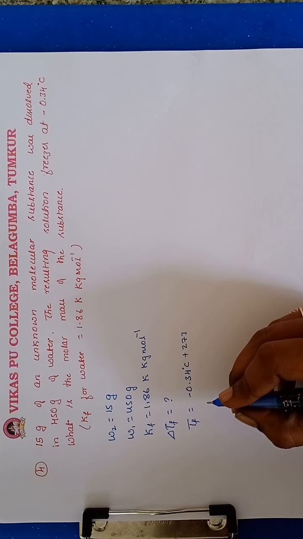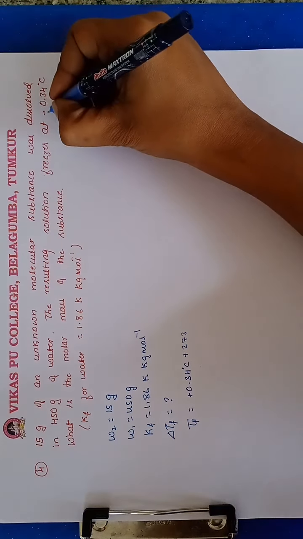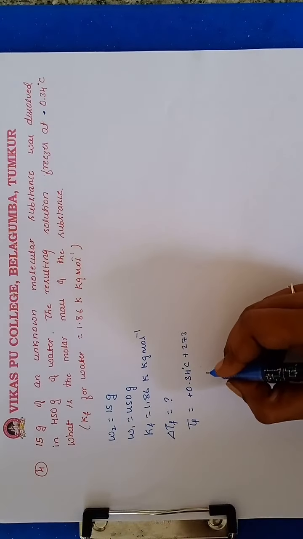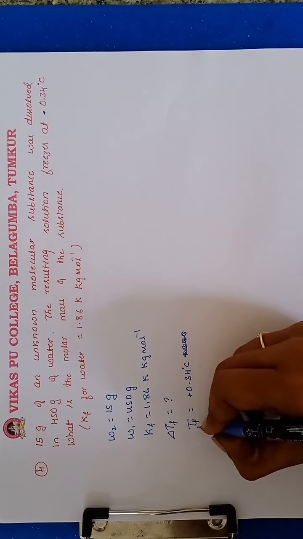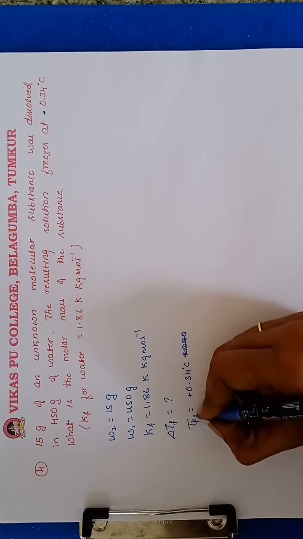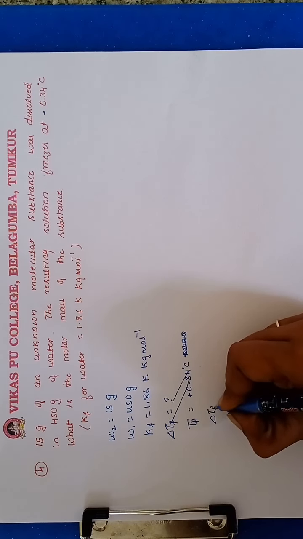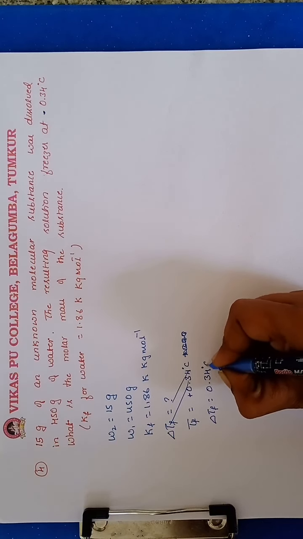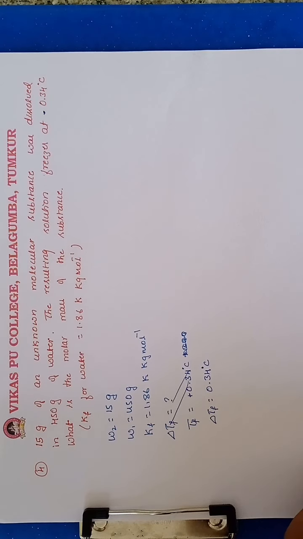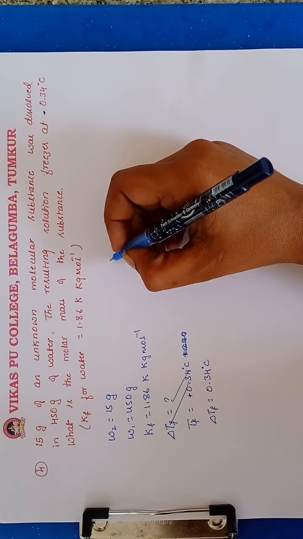If you need, you can take that it freezes at 0.34 degree Celsius directly, no problem, nothing will happen. That is it. Delta Tf is equal to 0.34 degree Celsius.